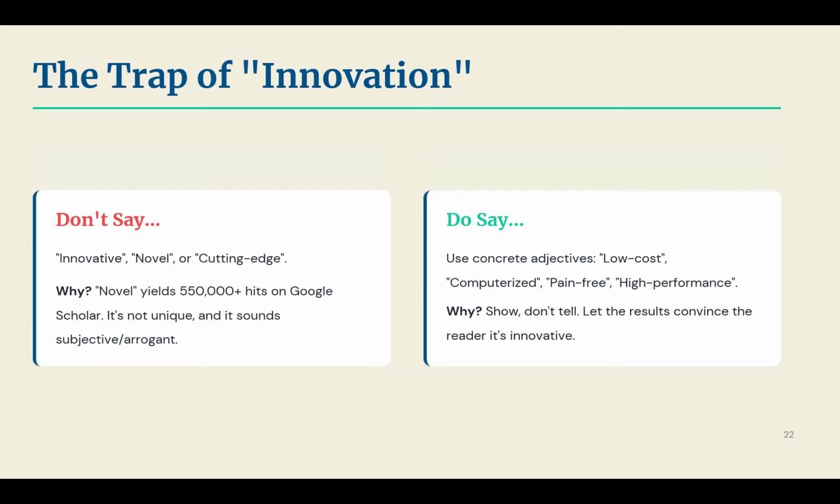Now you see, on Google Scholar, novel as indicating new actually hits 550,000 plus results. So it's not a unique abstract. It sounds very subjective and of course sometimes arrogant, because these words are purposely put into abstracts, with some people thinking that they might help your article get hits, but it doesn't.